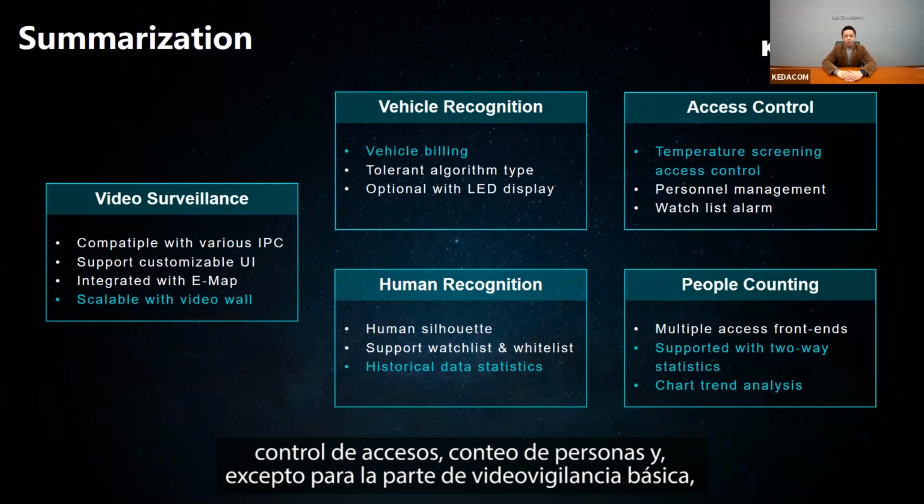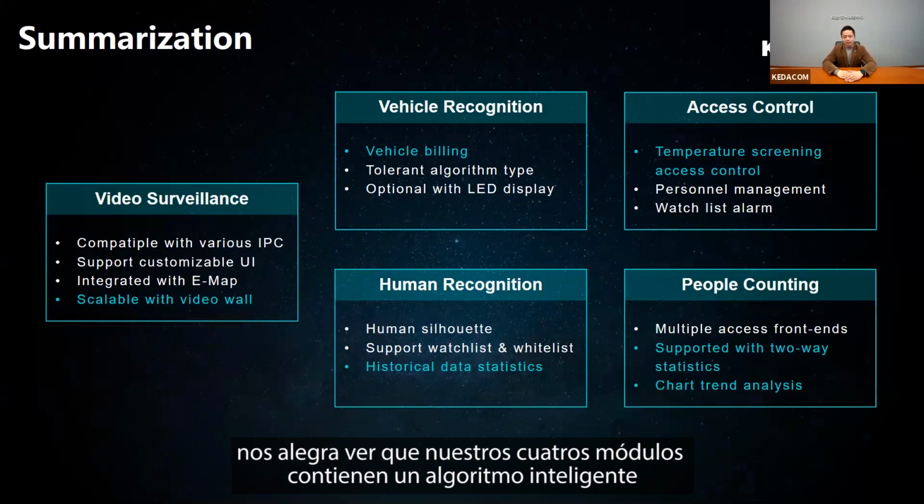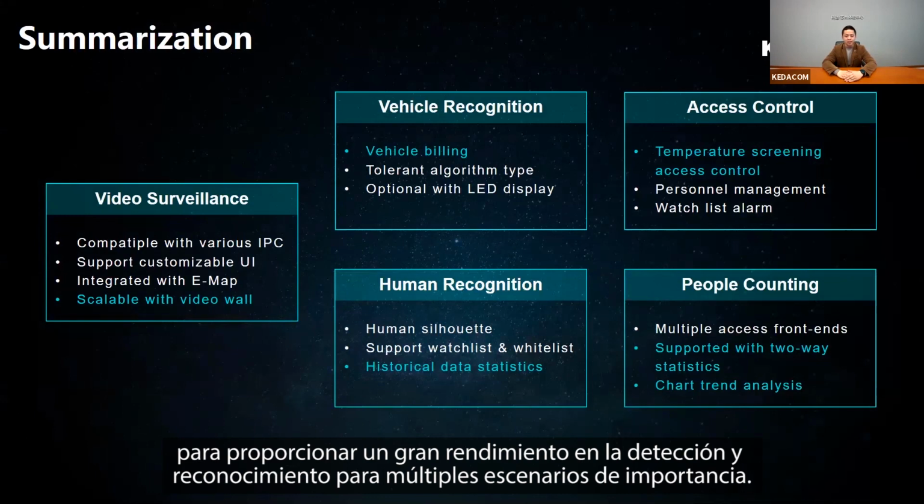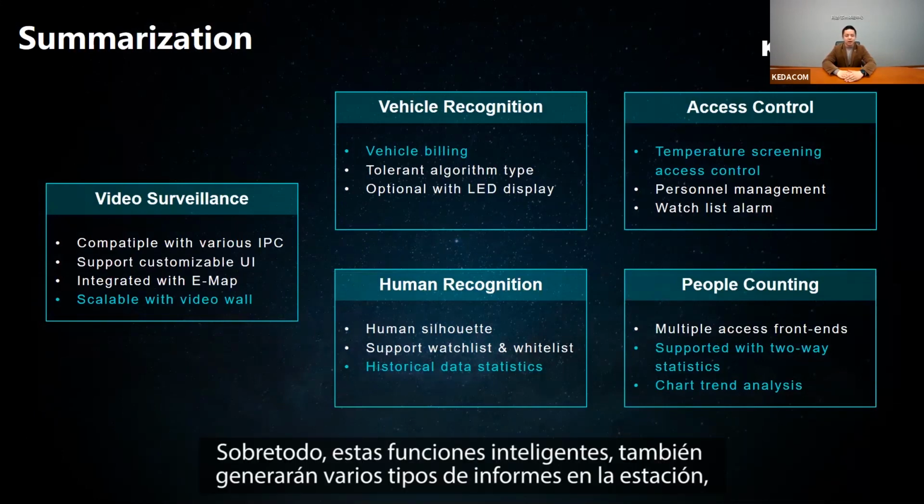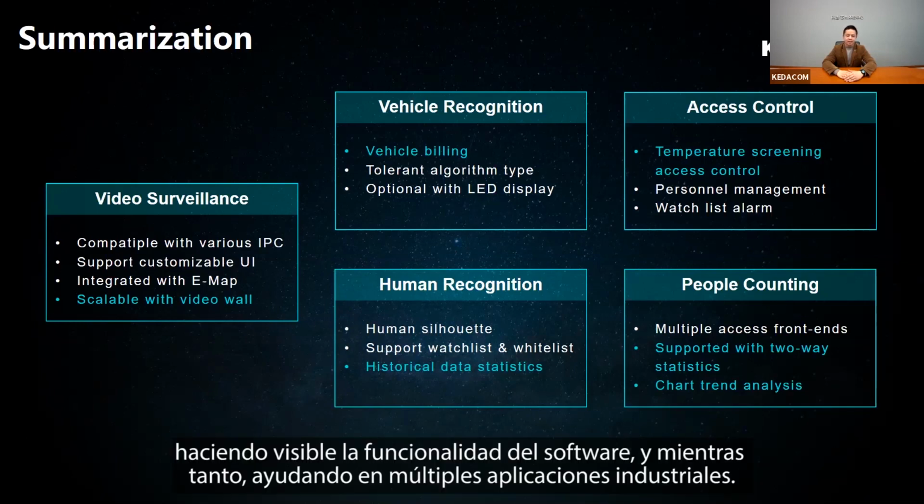Except for the basic video surveillance part, we are glad to see that the other 4 modules all contain intelligent algorithm to provide the great detection and recognition performance for multiple important scenarios. What counts more is that all of these intelligent features would also generate various kinds of static reports on VStation, making the software functionality visible, and meanwhile helping a lot for different industrial applications.